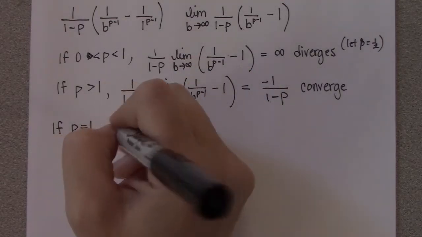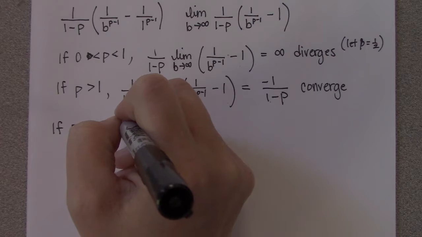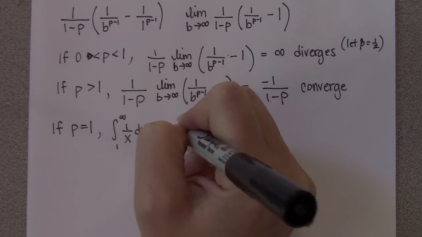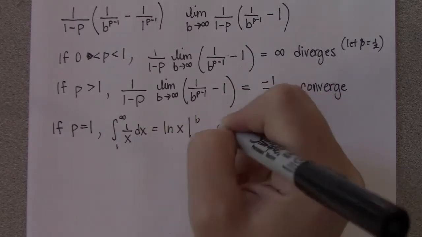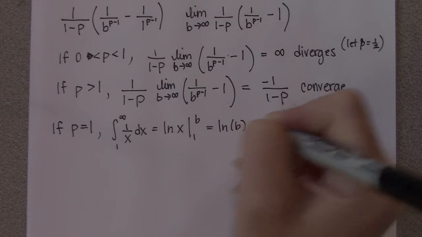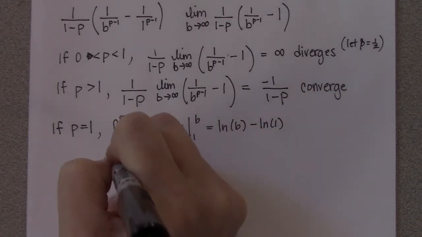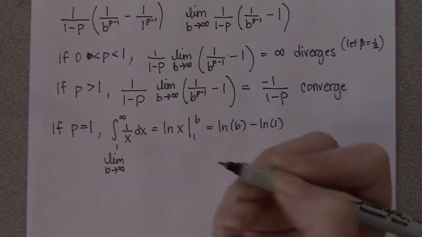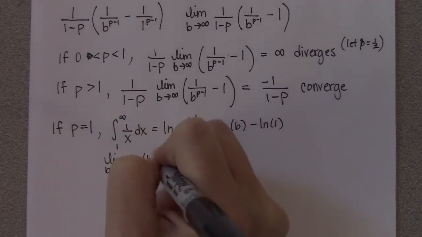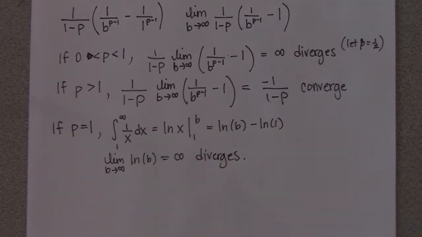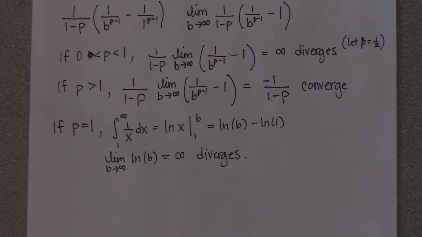So if p equals 1, then the integral from 1 to infinity of 1 over x dx is ln of x from 1 to b, right? ln of 1 is 0, so all you have to do is look at the limit of the natural log of b, and we get infinity, so it diverges. So remember, integrating with p equals 1 in the denominator would actually produce a different result out of the limit.